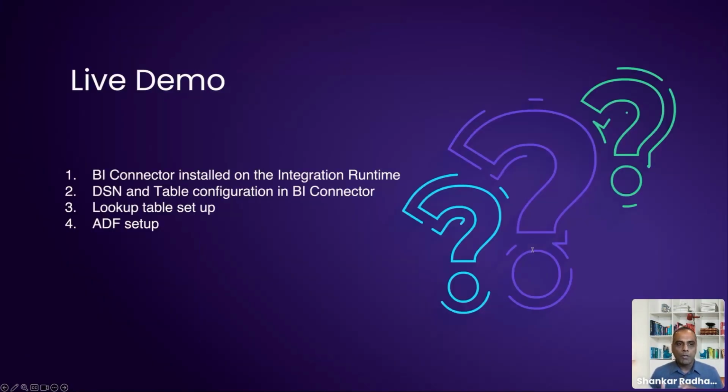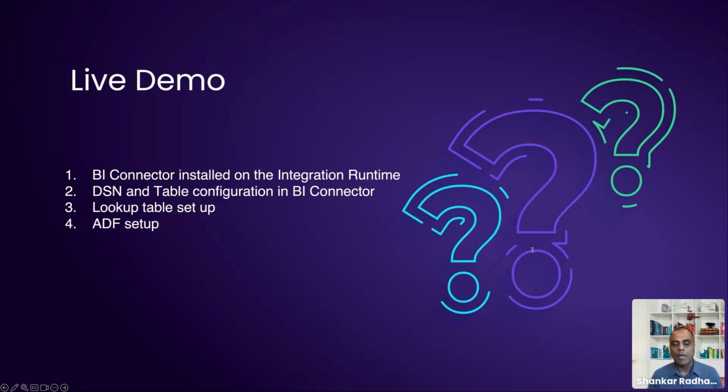So now, Dinesh will walk you through a demo of the solution that we implemented at Metro Organization. He's going to go through 4 steps. First, he's going to walk through where the BI Connector is installed on the integration runtime. He's going to use the Azure Data Factory, the example here. The next step, he will walk through the DSN setup and the table configuration in BI Connector.